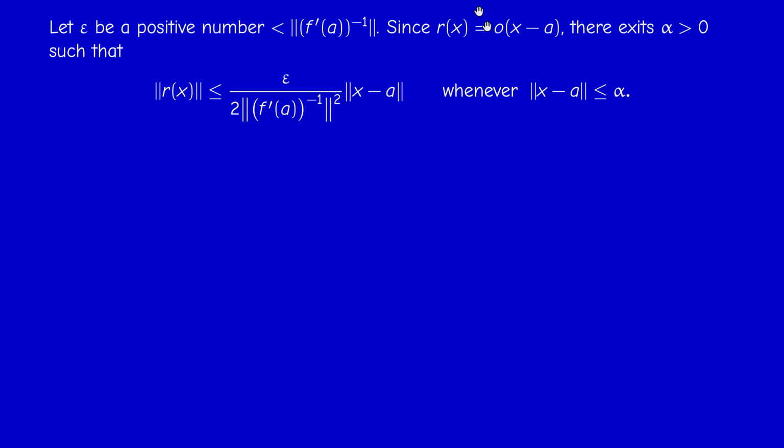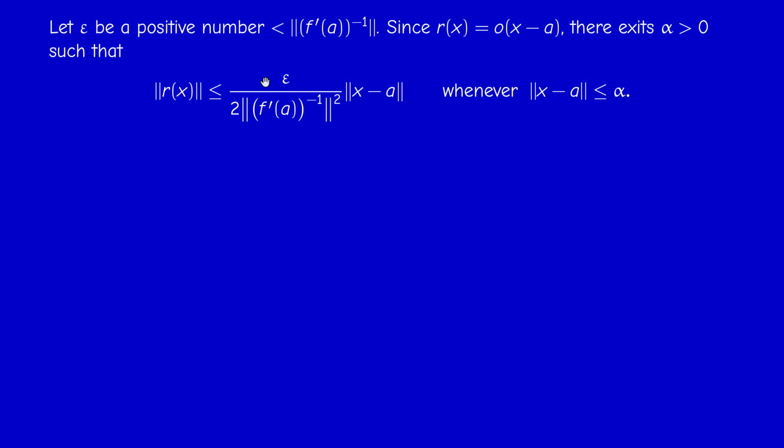So now let us write the condition that r of x is small o of x minus a as x tends to a. This means that, in particular, r of x is less than any positive constant times the norm of x minus a, provided the norm of x minus a is less than alpha.